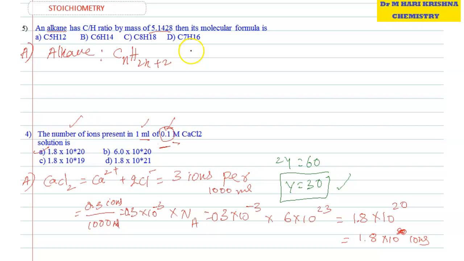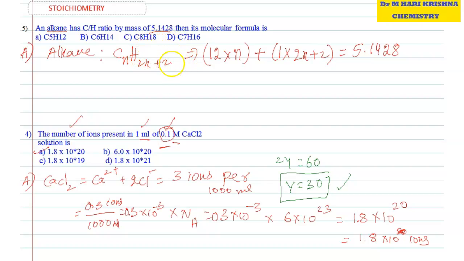How to calculate the mass normally? Carbon is 12 into n, plus hydrogen mass is 1 into 2n plus 2, equal to 5.1428.